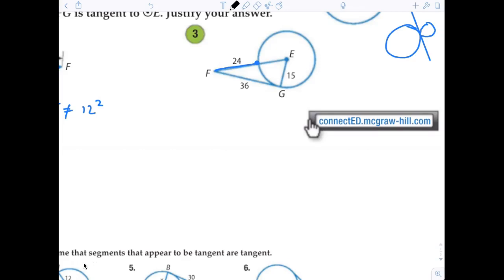What I would like for you to do is to say, what's the radius of the circle? The radius of the circle is 15. So this also has to be 15. Which means this EF is how much? 39. Everybody with me on that?